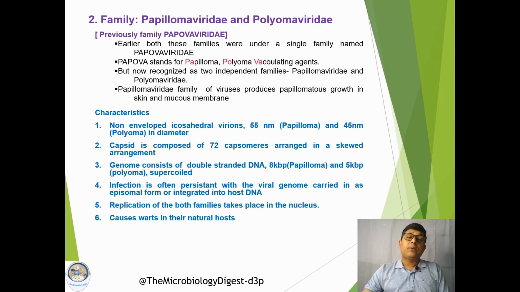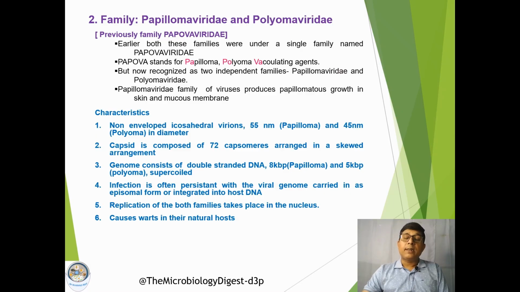But now both the viruses, papilloma and polyoma viruses, are separated by creating two independent families as Papillomaviridae and Polyomaviridae. The characteristics of these viruses are: icosahedral virion, 55 nanometer for papillomavirus and 45 for polyomavirus.